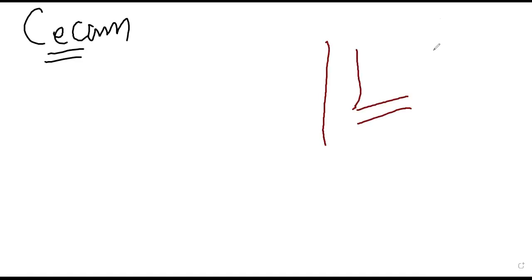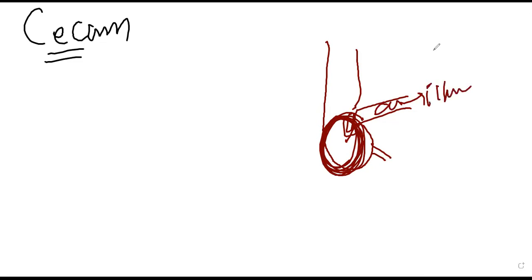Now come to the first part of the large intestine, which is the cecum. The cecum is the part of the large intestine that lies below the level of the junction of the ileum with the large intestine. This is the ileum, and from here the large intestine starts, and this is the expanded part. We call it the cecum.